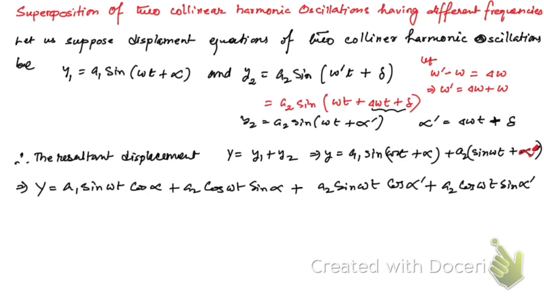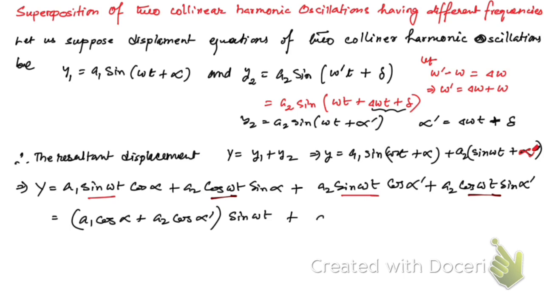Now let's take common what we can. We take sin ωt common, and within the bracket we have a1 cos α + a2 cos α', into sin ωt, plus we take cos ωt common, with a1 sin α + a2 sin α', into cos ωt.